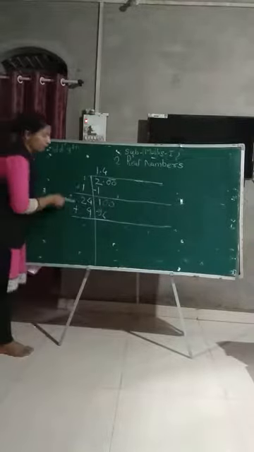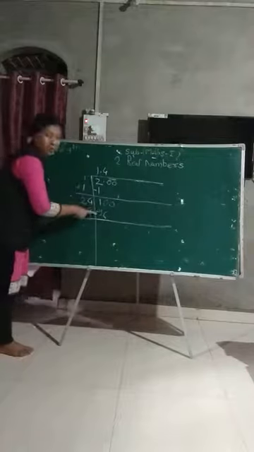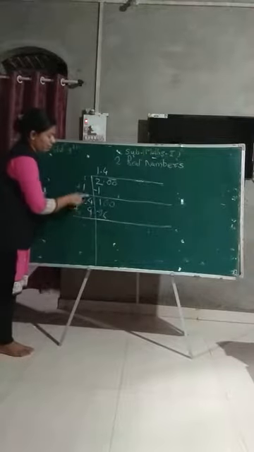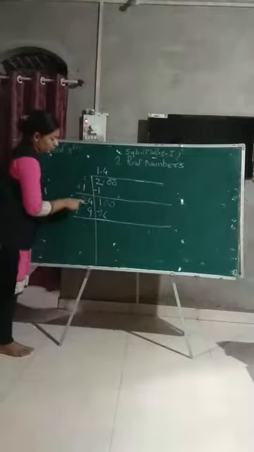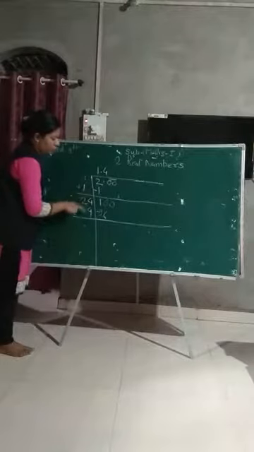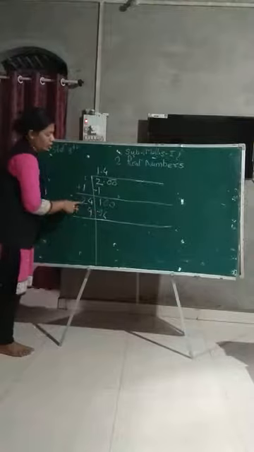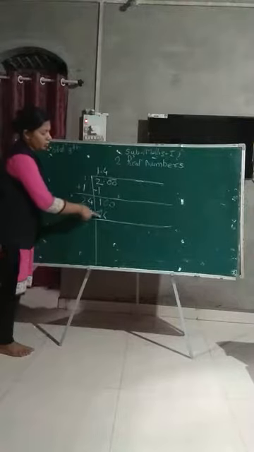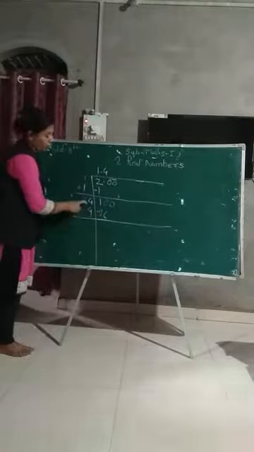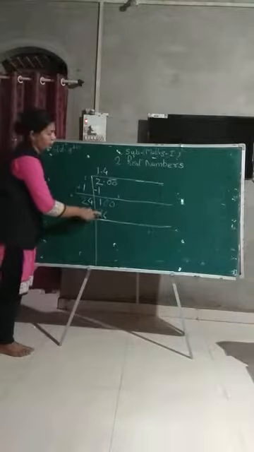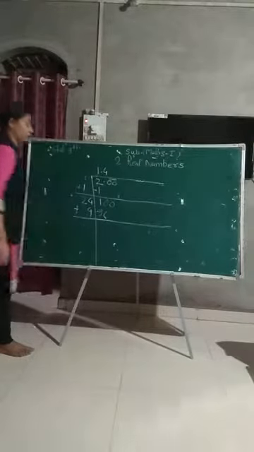Remember that here we do addition, here subtraction, and multiplication of both these numbers right here. 24 into 4 is 96. So we write here 96.